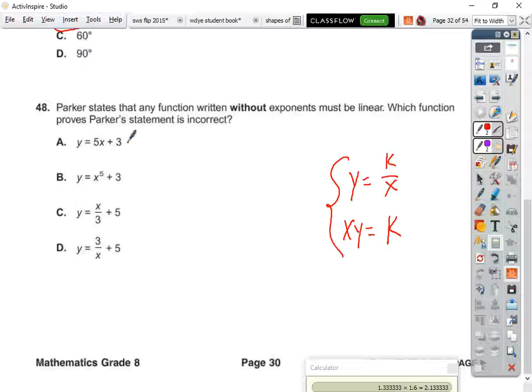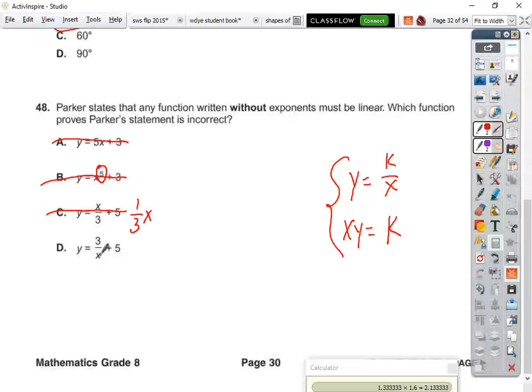Well, this is a linear equation in slope-intercept form. This has an exponent, so I don't know why they put that there. This one, well, x over 3 is just the same as saying 1/3 times x, and that's okay. So that's our slope, so that's linear, slope of 1/3.